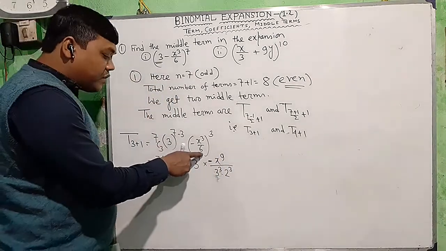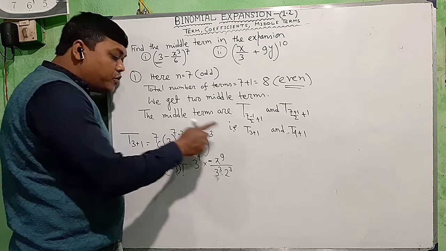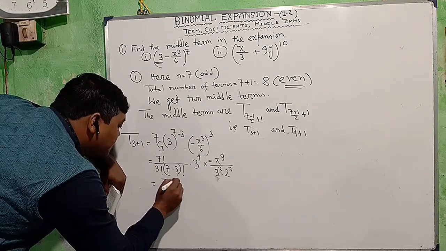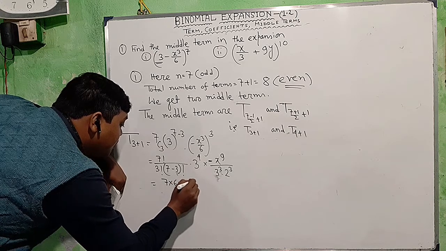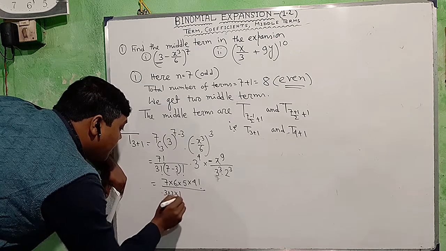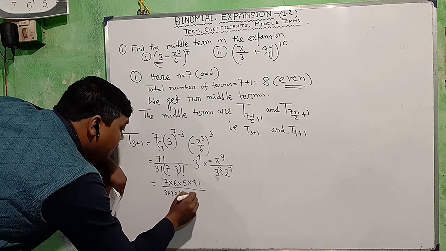So 7 factorial, 7 into 6 into 5 into 4 factorial, and 3 factorial gives 3 into 2 into 1, and this is also 4 factorial.